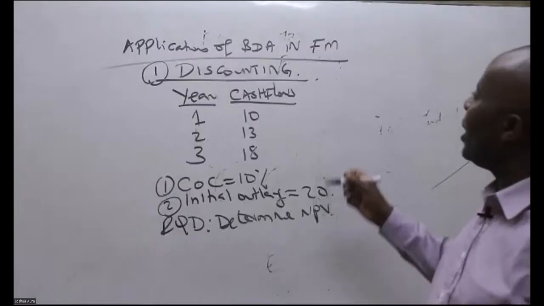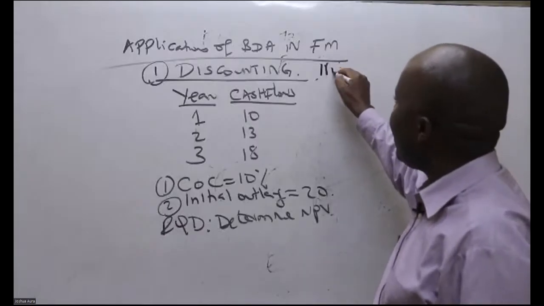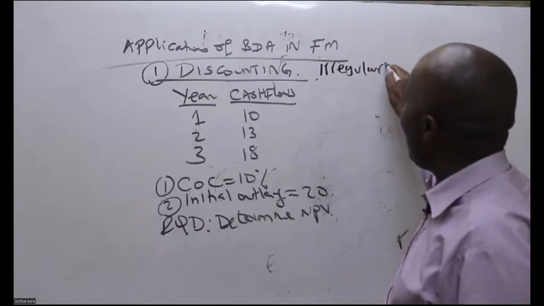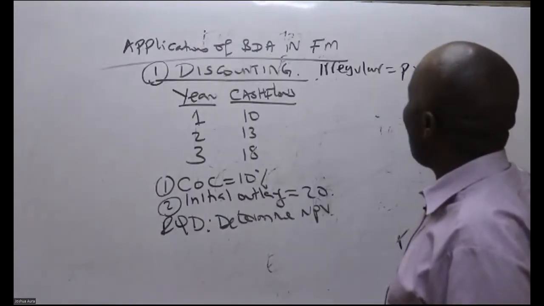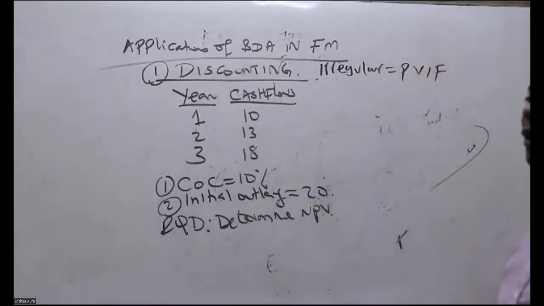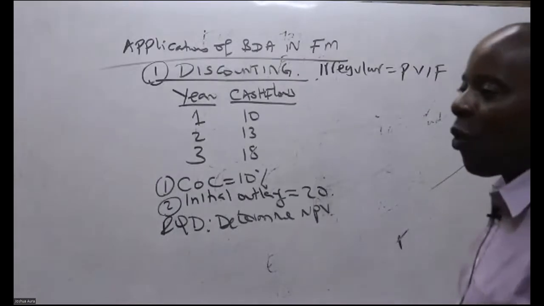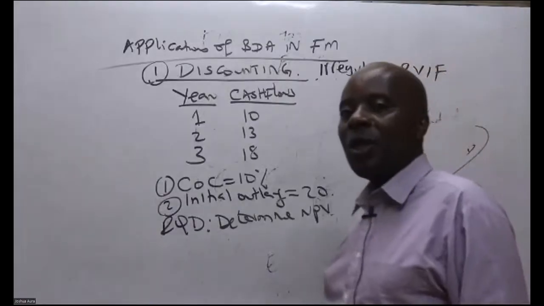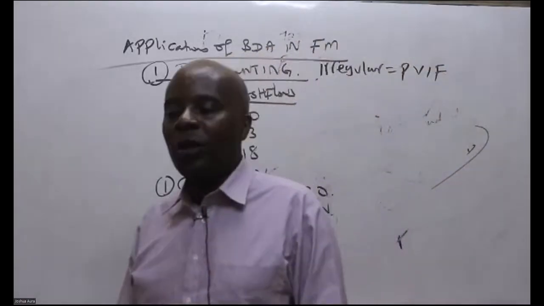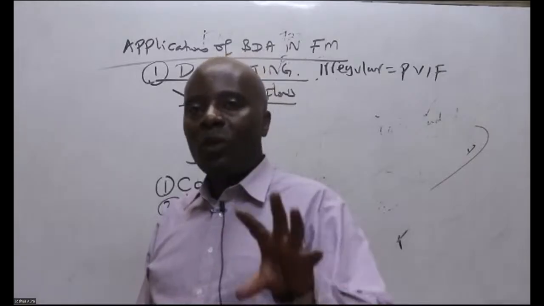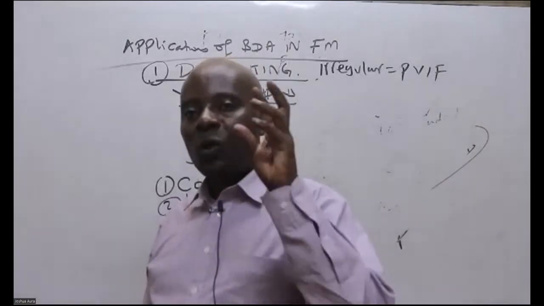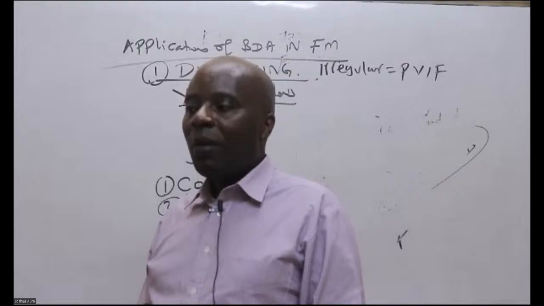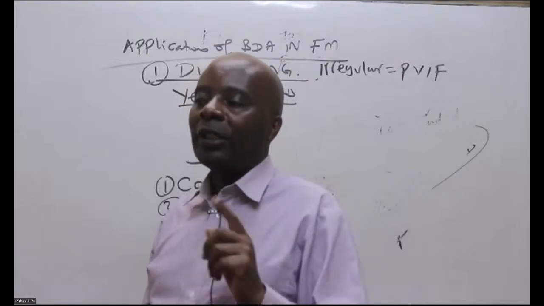Now, the most important thing you're supposed to know is that if cash flows are irregular, then we shall be using what we call PVIF. PVIF stands for present value interest factor. You must write it in full. To discount irregular cash flows, we shall be using PVIF, present value interest factor.